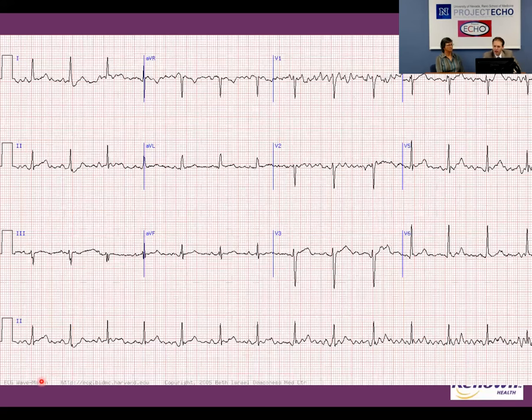And then of course you have, especially if you look, for example, in V1 and certain parts of the strip, it looks like you have a very rapid atrial rhythm potentially, right? Much faster than 300 beats a minute. Half of that would be 600 beats a minute.